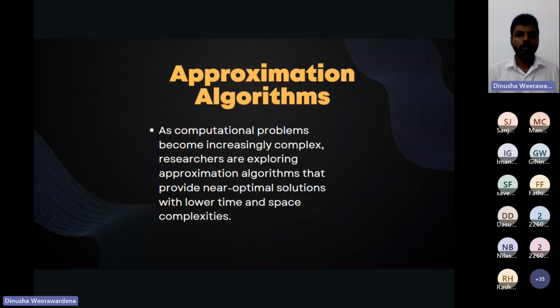They provide near optimal solutions that are sufficiently accurate for practical purposes while reducing the time and space complexities involved. Researchers are actively exploring and designing approximation algorithms within the RAM model to address real-world challenges. Now I would like to hand over this presentation to Savin.